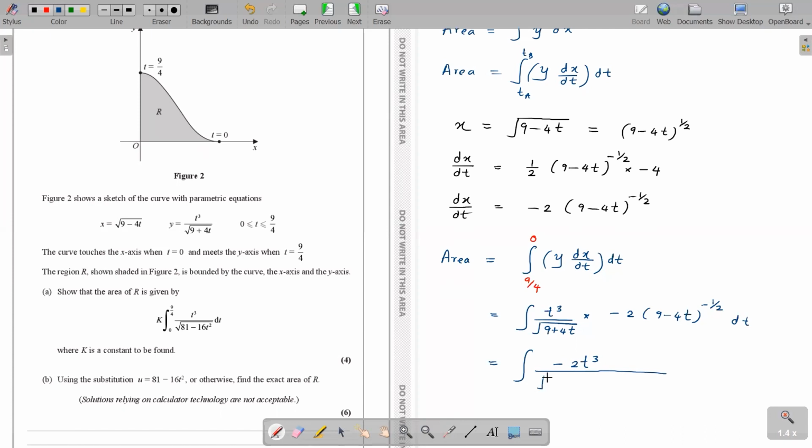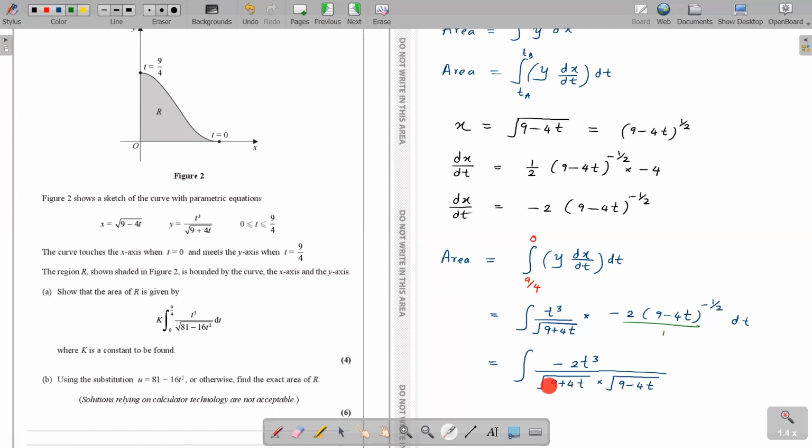So this is root 9 plus 4t. This is power minus half, which comes down as a power plus half. So power plus half means, in other words, this is a square root, because the square root means a power of half. So the power negative half, I bring it down to the denominator, and it becomes a power plus half, which is the root.